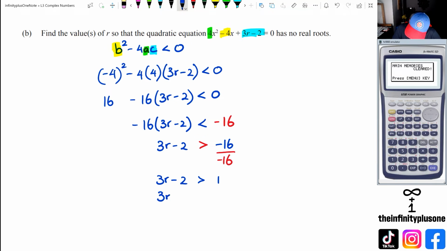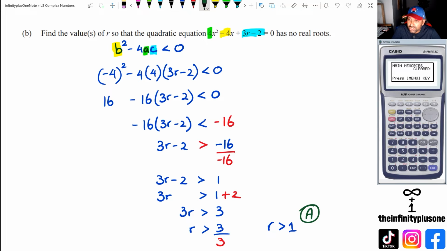So carrying on with this, I've got 3r is greater than 1, negative 2 is coming across, so that's going to become plus 2. I've got 3r is greater than 3, and then r is greater than 3 divided by 3. So for this case, the answer is going to be r is greater than 1. In terms of grades, we are looking at achieved for this question, and that's pretty much it for this one.